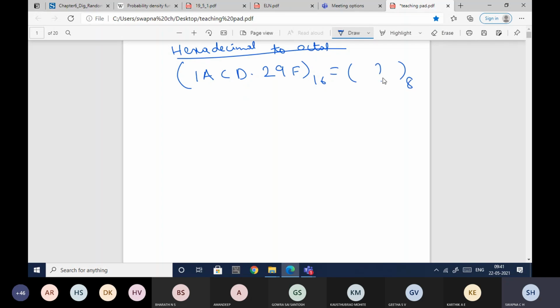Here also hexadecimal to octal. So it is 1ACD point 29F base 16. You convert it to base 8 quickly.